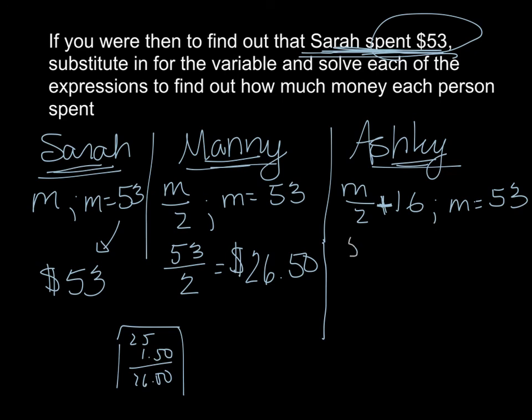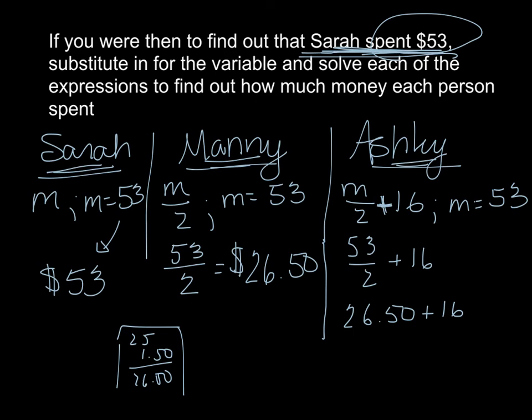And then finally we have Ashley. Again, we're substituting in. We've got 53 divided by 2 plus 16. We've already done our work for 53 divided by 2. We know that that's 26.50. I have to show all of my work. I can't leave out any of these steps. Because if I do a computational error, I want somebody to be able to at least give me credit for what I showed. So $26.50 plus $16.